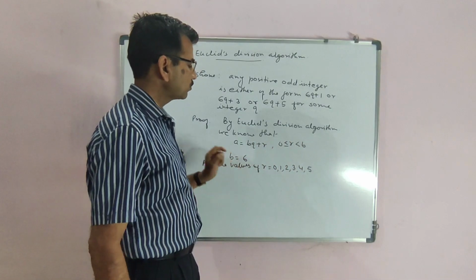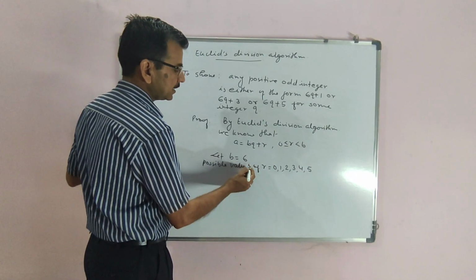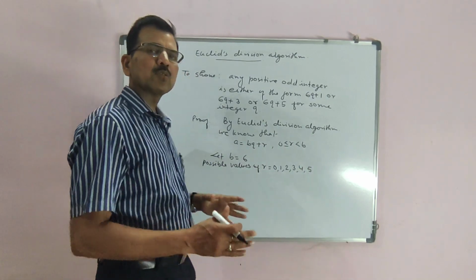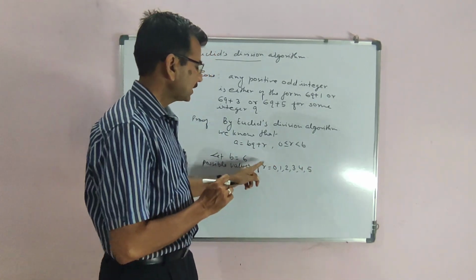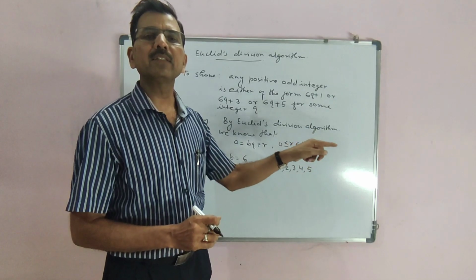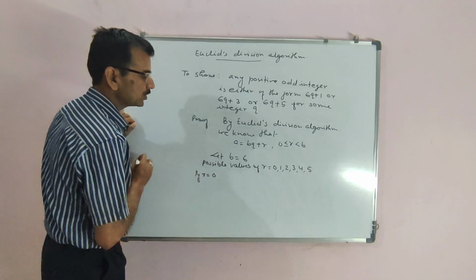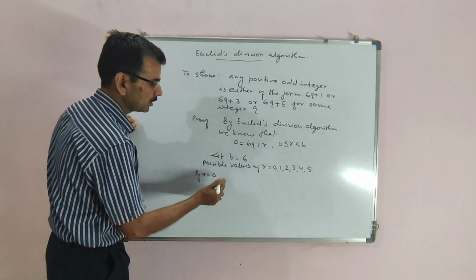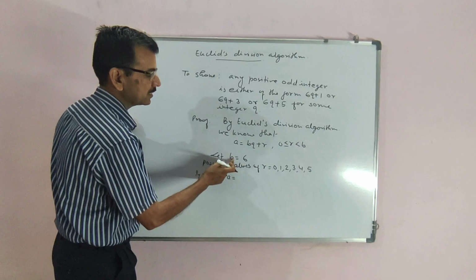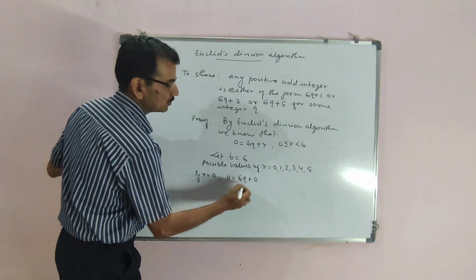So one by one we have to check by taking the value of r as 0, then 1, 2, 3, 4, then 5. Let us check here. If r is equal to 0, then a equals, you can give the answer yourself, b is 6 by Euclid division lemma, so 6q plus 0.